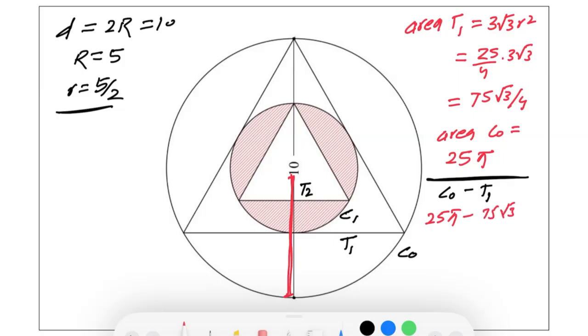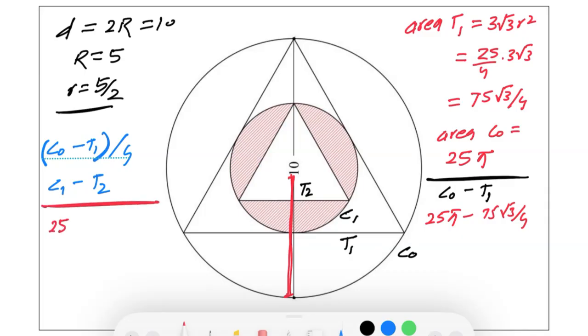Now when we divide this by 4, so here if I write C0 minus T1, the whole thing divided by 4, we will get C1 minus T2. So this is the thing that we need to understand. Therefore what we get here is nothing but 25 pi by 4 minus 75 root 3 by 16. That is our final answer in this case.